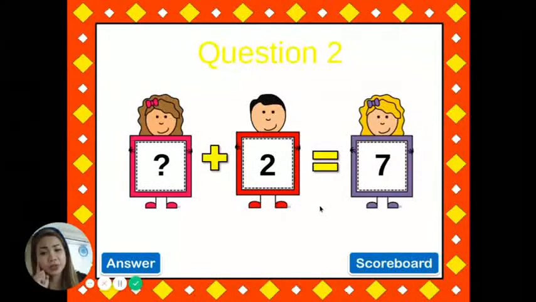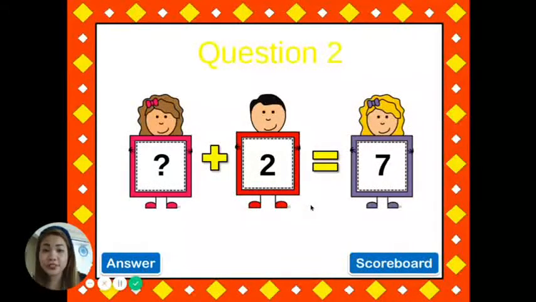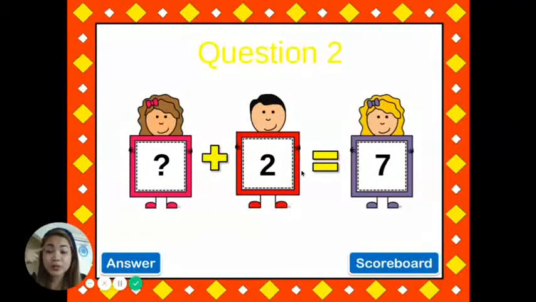What could be the number that if you add to 2, the answer is 7? Guys, how can you find it out? You can count on, right? I gave you the technique last time that you can count on. So what can be added to 2 that the answer is 7? Put number 2 in your head and then count on with your fingers.